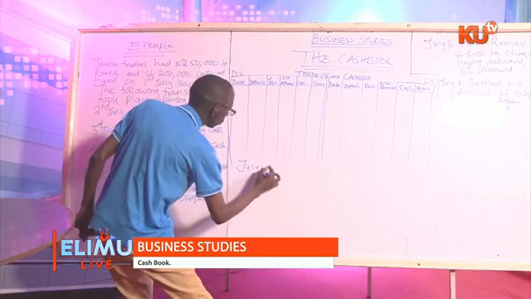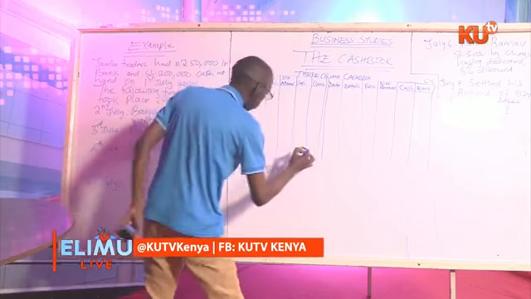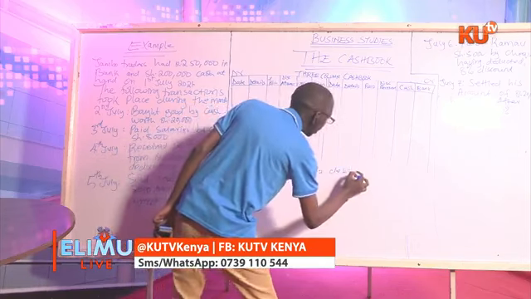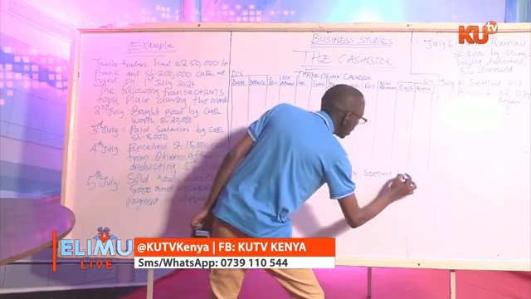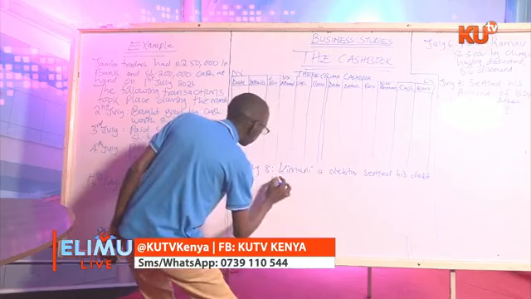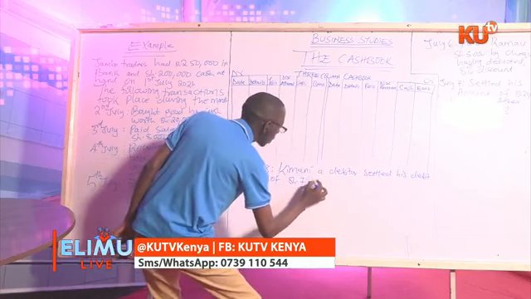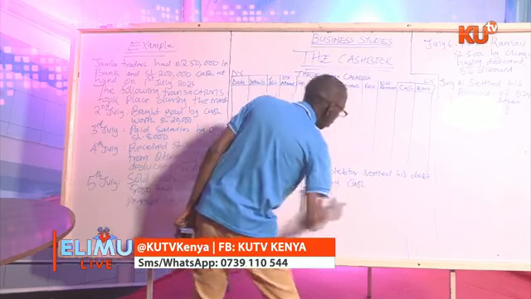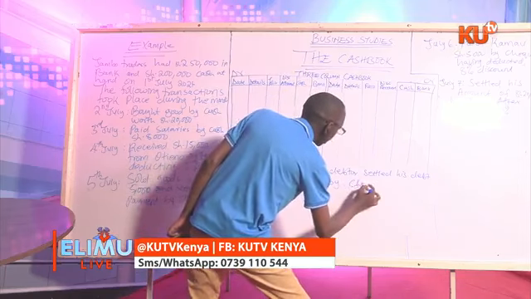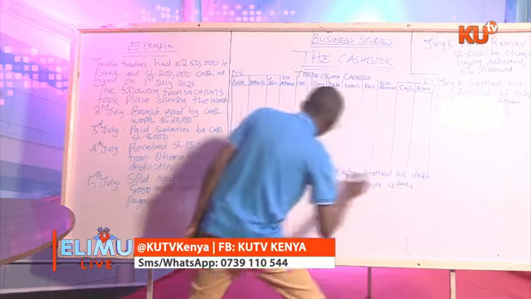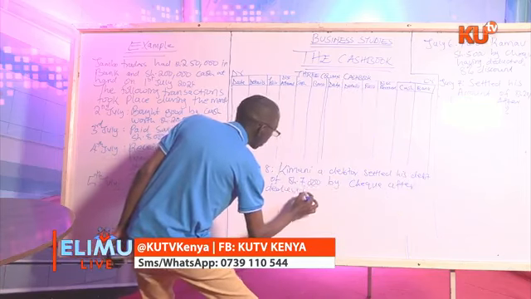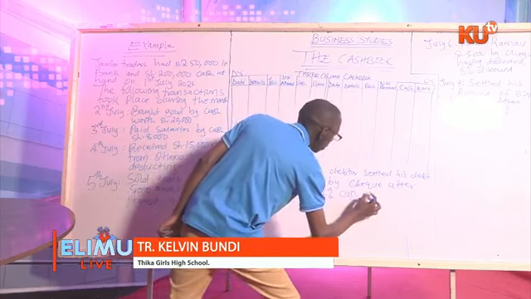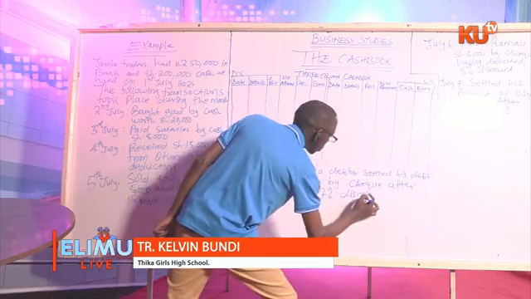July 8, Kimani Adera settled his debt of shillings 7,000 by check after deducting 7% cash discount.